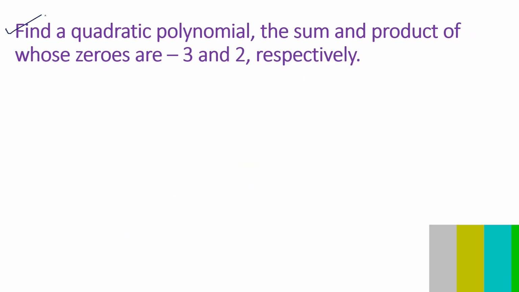Let's have an example. Find the quadratic polynomial if the sum is given to you as well as the product, with the sum equal to minus 3 and the product given as 2. How to frame a quadratic polynomial from this?